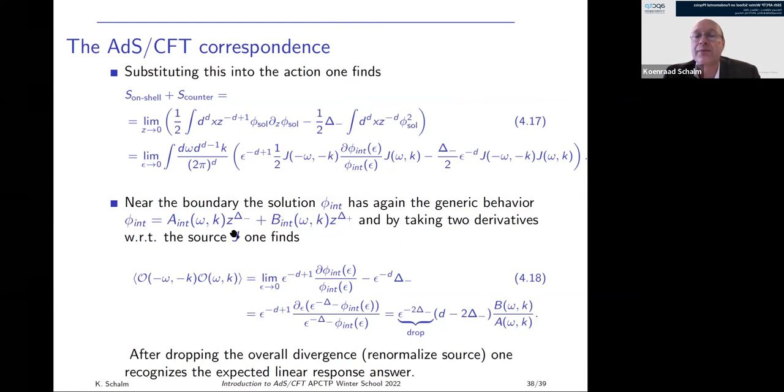So numerically, I simply solve the equation of motion in AdS with the boundary conditions imposed by the interior, and then there's an overall value at the boundary which I don't worry about, because I'm going to divide it out. Then I simply compute numerically what B int and A int are, and I literally take the ratio.